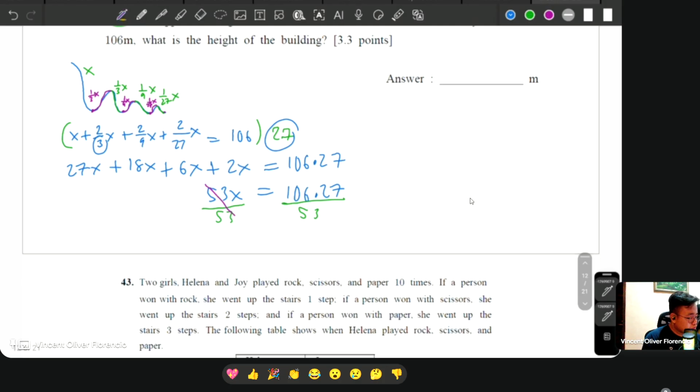X equals this one here. 106 by 53 is going to be what? 2. And 2 times 27 is 54.